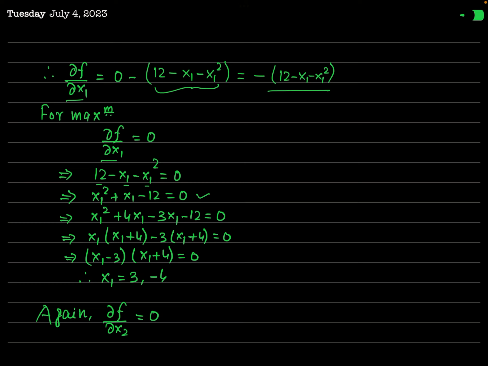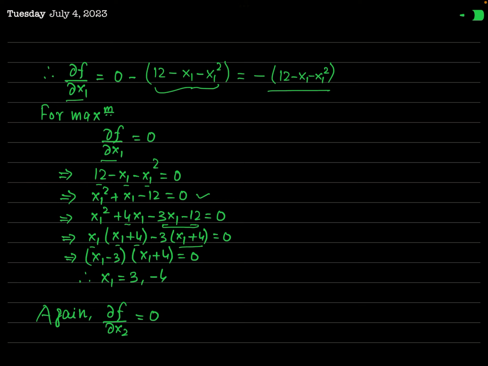And this can be factorized to solve this equation. You can see that this can be written as x1 squared plus 4x1 minus 3x1 minus 12 equal to 0. Now, in the first two terms, we can take x1 as a common factor, and the remaining factor will be x1 plus 4. And in the last two terms, you can take minus 3 as a common factor, so the second term will be minus 3 times (x1 plus 4).